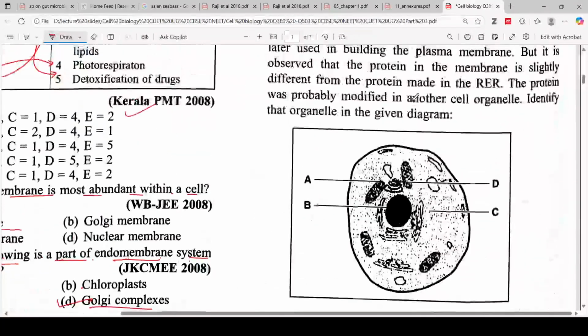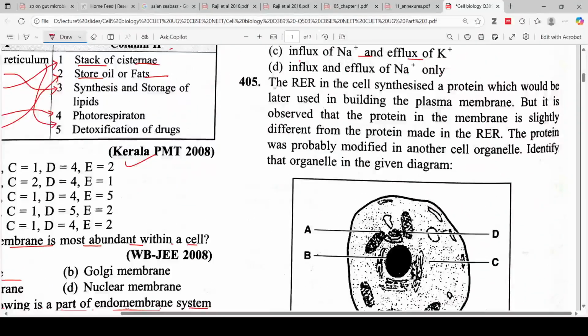The diagram question. The rough endoplasmic reticulum in a cell synthesized a protein which would be later used in building the plasma membrane, but it is observed that the protein in the membrane is slightly different from the protein made in the endoplasmic reticulum. The protein was probably modified in another cell organelle.